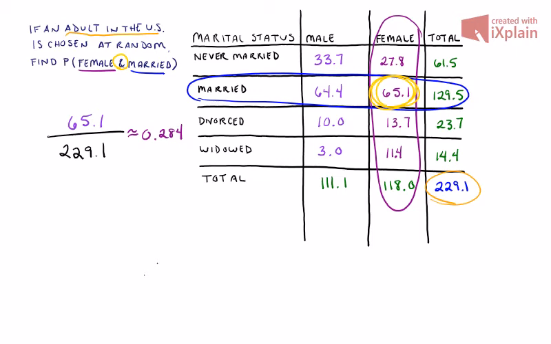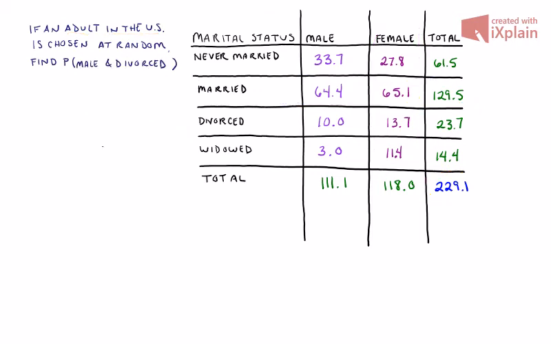So let's go ahead and take a look at number 8, and then we are essentially done with discussing joint probability. Okay, so number 8 reads, if an adult in the US is chosen at random, find the probability that they are male and divorced. So again, hopefully you've attempted this problem. If not, I would encourage you, pause the video, give it a try.